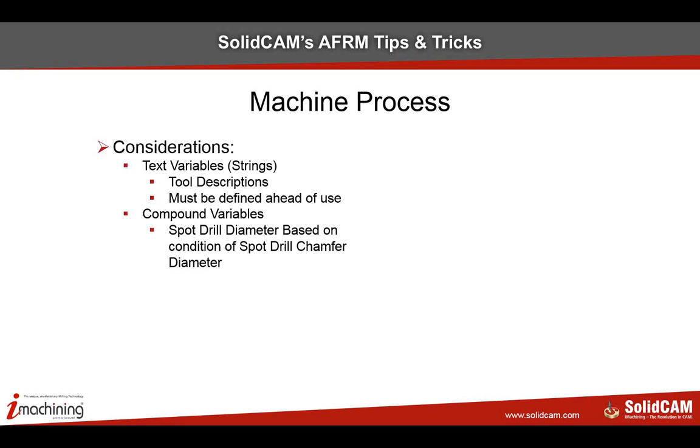There are also compound variables for spot drill diameters based on a specific idea. For instance, I want to create a spot drill that's based on the diameter of a chamfer. So these are what we call compound. You're basing one thing on a different parameter altogether. In other words, you're taking information that you're getting from one and bringing it over to another to build onto it. I can talk about this all day, but I think the best thing is if we actually go in and start working on it.